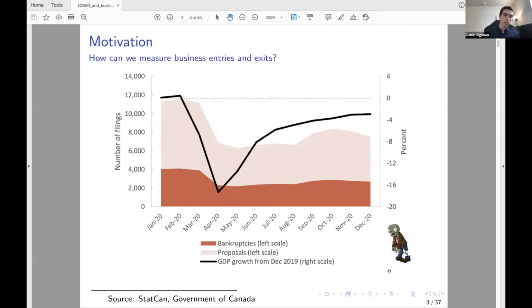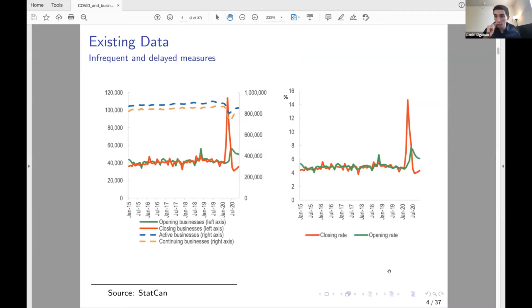Now, there's existing data that tries to solve this problem, and these are proposed by StatCan. So these are a couple of measures of the number of opening businesses and closing businesses in Canada, as well as a constant index of the number of active businesses and continuing. Now, these measures try to do exactly what we sought to do in this project, but there's two main issues with them.